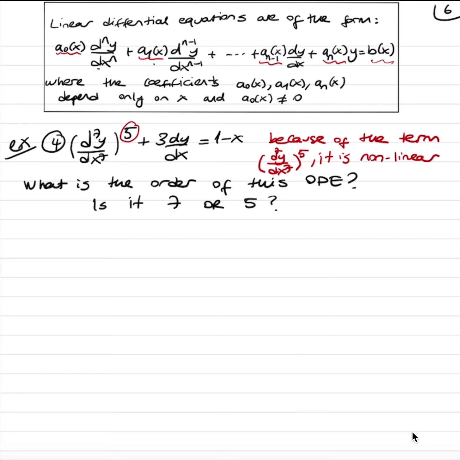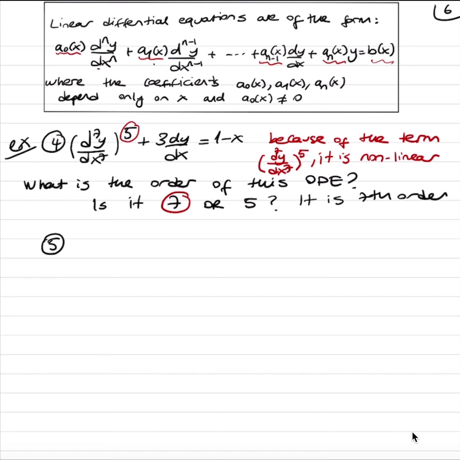It is 7, right? It is 7 because we look at the order of the highest derivative. The highest derivative is the seventh derivative. We don't take 5, right? So it is seventh order.